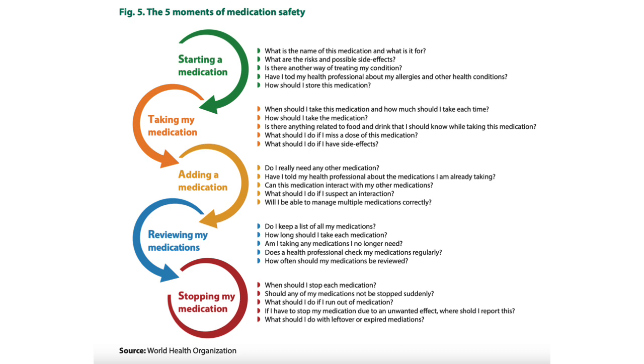He should ask about the indication, how to use the formulation, and what to do if he misses a dose, and should be able to access support from the health system whenever needed.